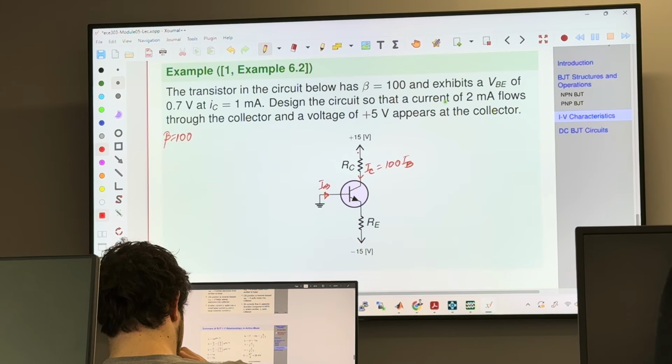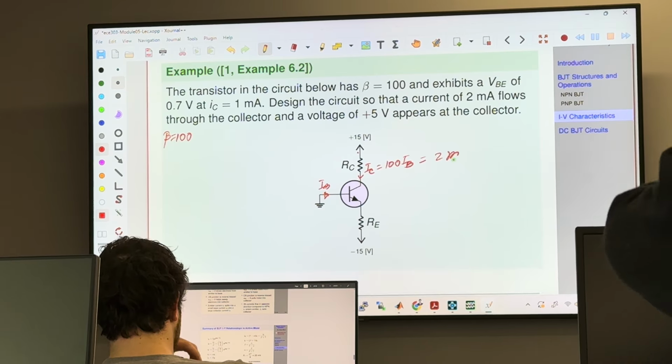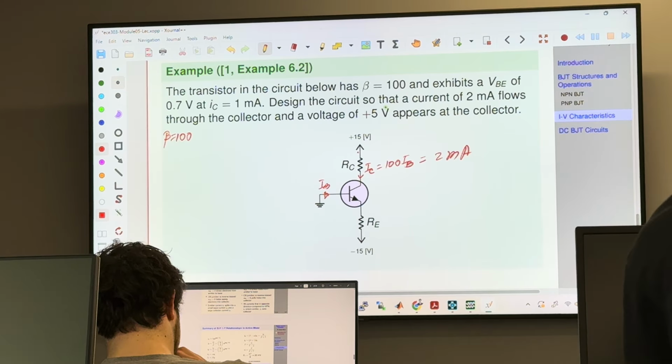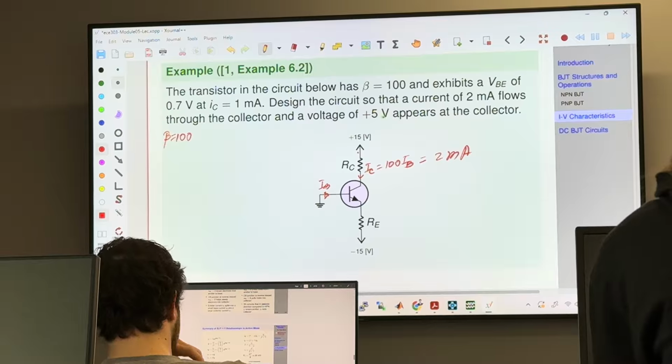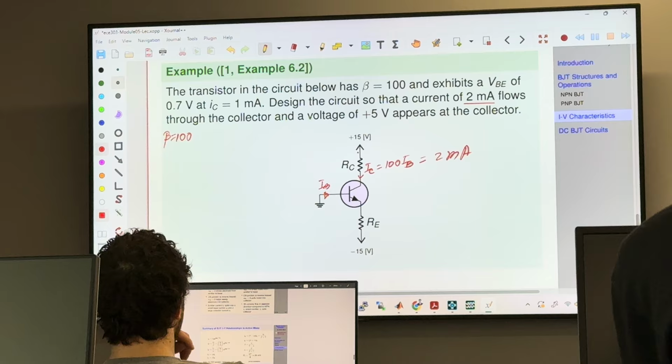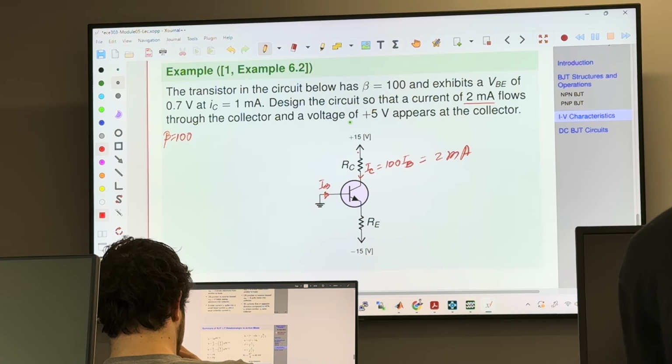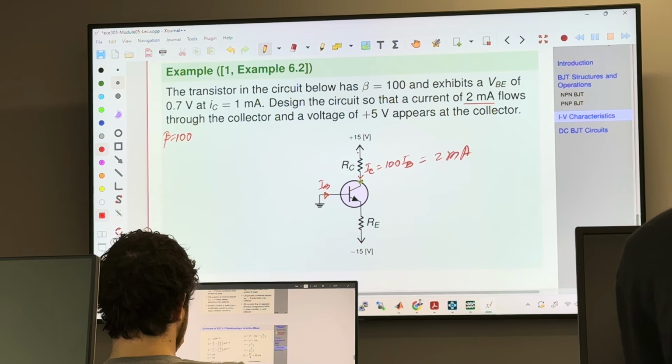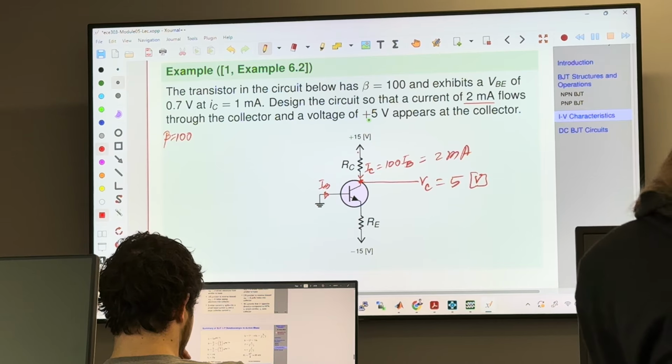And design the circuit so that we want this collector current to be 2 milliampere through the collector, and a voltage of 5 volt appears at the collector. So VC is 5 volt.